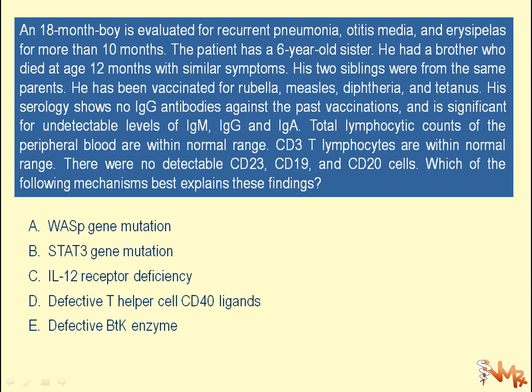So far, you have figured this one out, and the patient is not producing antibodies, and you don't see IgM, IgG, and IgA. However, the T lymphocytes are okay. So as you can tell, we are looking at a B cell defect in this case scenario. Let me give you the correct answer at this point. The correct answer is defective BTK enzyme.